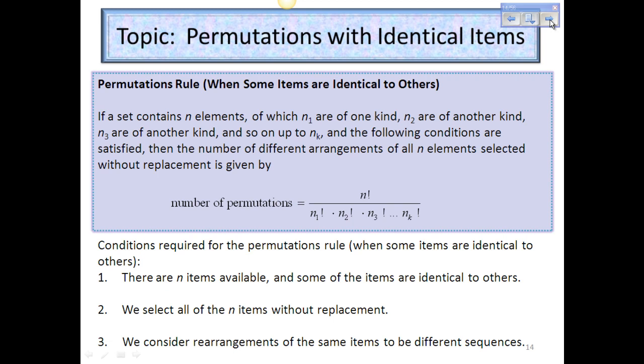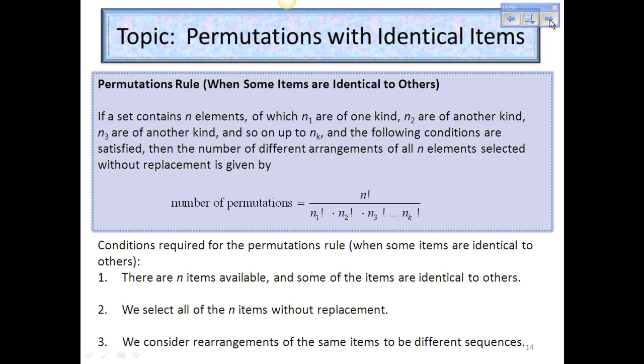We have n factorial, where n is the total number of things in your set, and then on the bottom, each thing that is identical, we will label those n sub 1, n sub 2, n sub 3, and so on. And we would factorial each one of those of how many there are and put those on the bottom. And that is the number of permutations when your elements are identical.